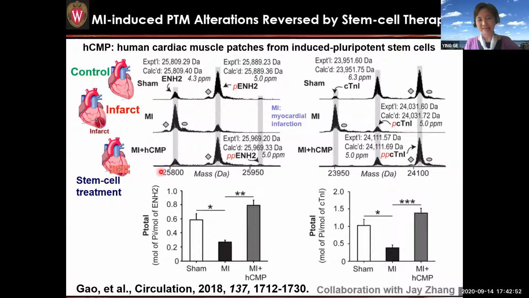But amazingly, after they were treated with stem cell therapy and the heart function improved, we actually see a molecular-level reversal of these, what we call maladaptive, post-translational modification changes. So it reverses these post-translational modifications, and also supports the fact that stem cell therapy could affect cell signaling.